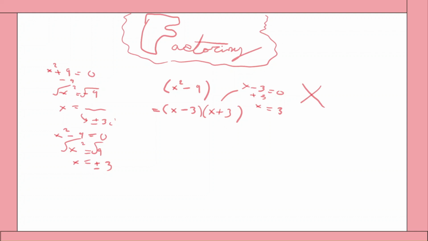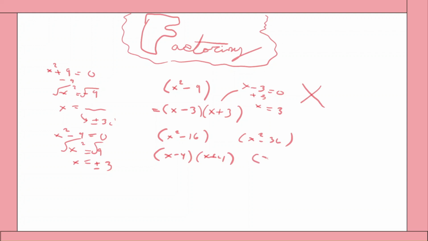So, knowing that, could you tell me what x squared minus 16 would be? And what would x squared minus 36 be? Well, it turns out, like you might think, that this would be x minus 4 and x plus 4, because the square root of x squared is x, and the square root of 16 is 4.